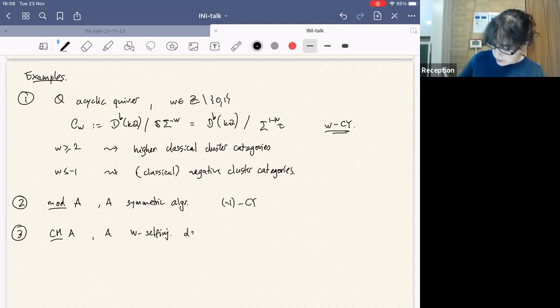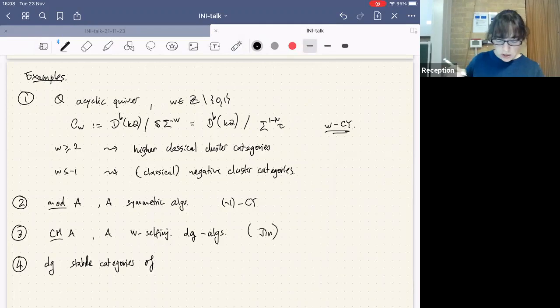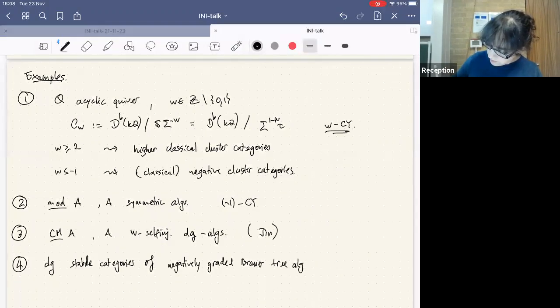I'm not going to explain this, but just saying that such things exist, and this is recent work by Iyama-Jin. There's also worth mentioning recent work on differential graded stable categories of negatively graded Gorenstein algebras.